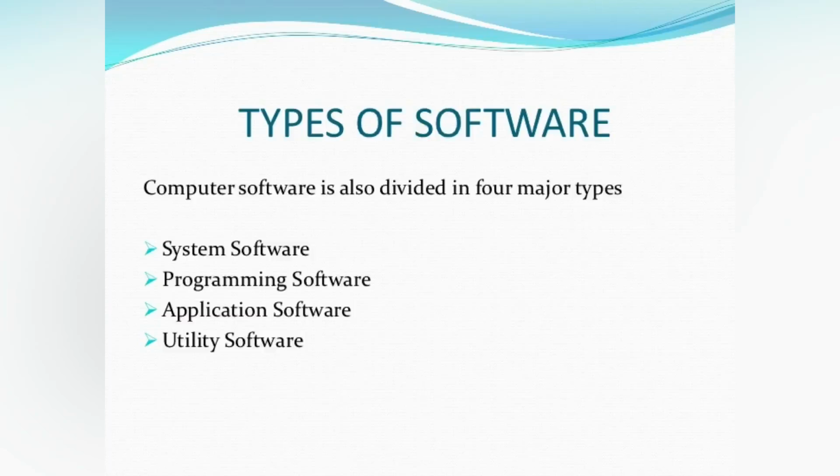There are basically two main types of software: system software and application software. System software includes the programs that are dedicated to managing the computer itself, such as operating system, file utilities, and disk operating system.